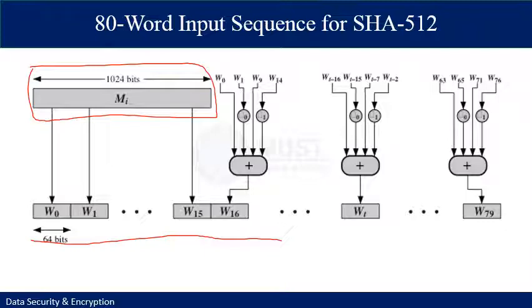As you can see in the 16th word, the words 0, 1, 9 and 14 are used with two operations referred to as shift and rotations, and to perform the XOR. Similarly, the next values up to 79 are produced in a similar fashion.